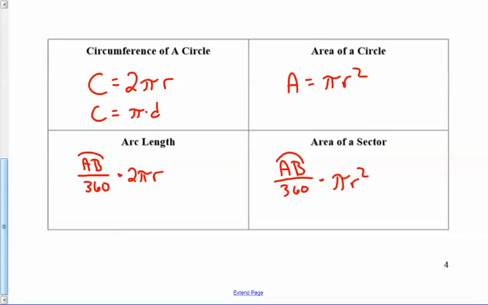Because a sector and an arc are just parts of the circle. They're fractions of the circle. So if I go halfway around the circle, I've gone 180 degrees. 180 over 360 is 1/2. I have half the circle, so I should have half the area. If I have an arc length, a semicircle, then I have half of the circumference.